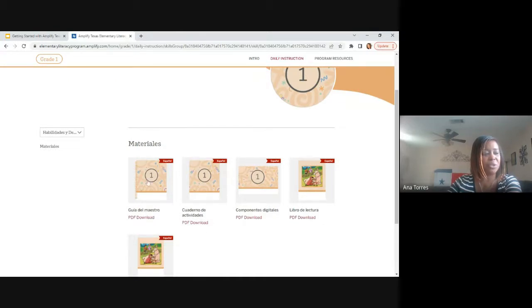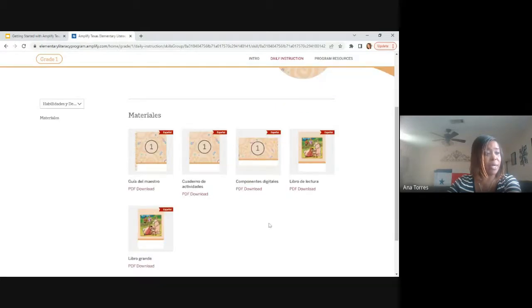Guía del Maestro, which is your teacher's guide. You can download that. Cuaderno de Actividades, which is your student activity book that can be downloaded. Your digital components, your componentes digitales. There are some additional digital components here that you can download to project. Libro de lectura, your student reader. And you also have, unique to grade 1 and kinder, Libro Grande, which is your big books.